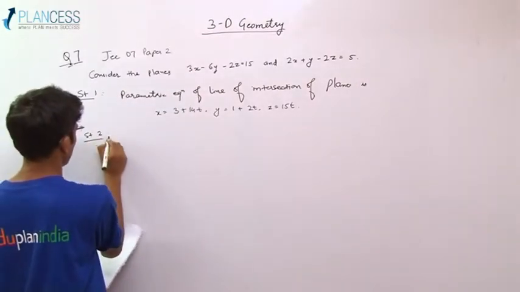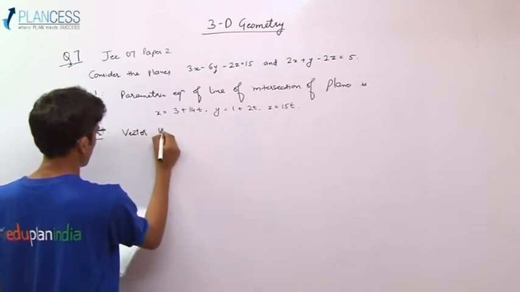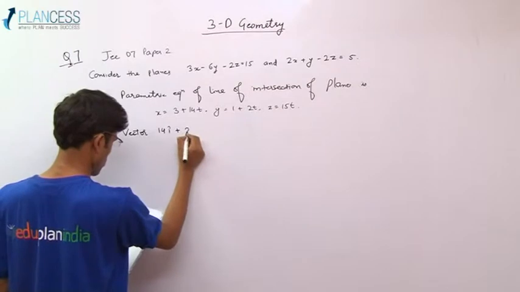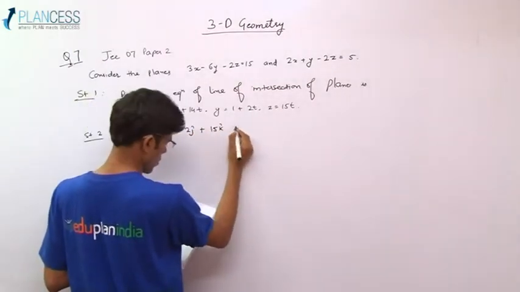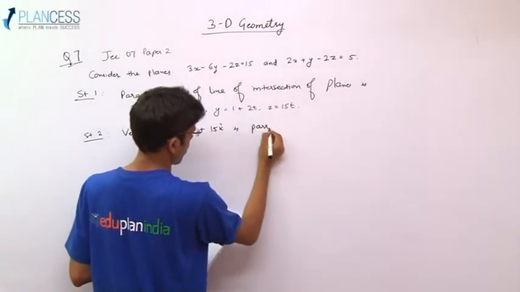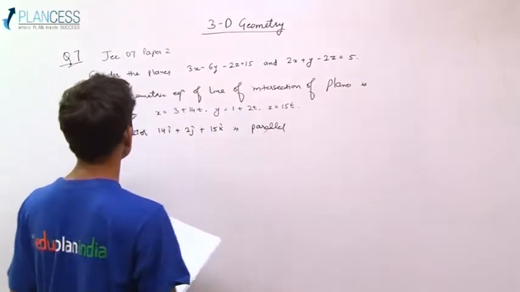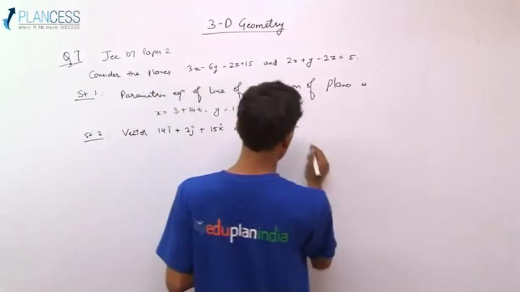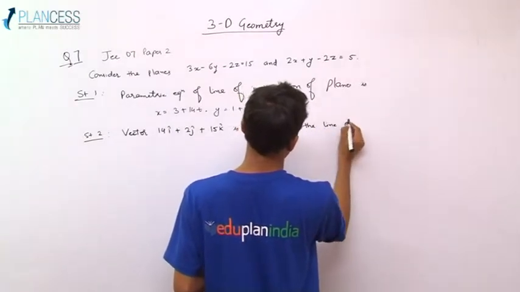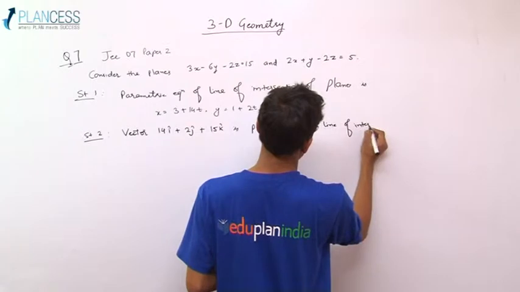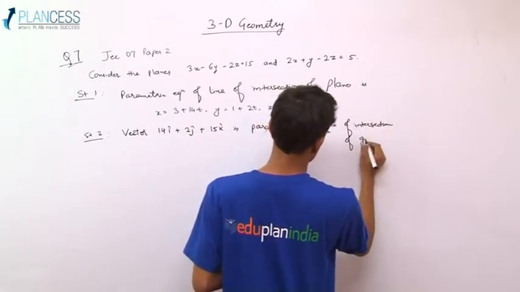Statement 2: the vector 14 i cap plus 2 j cap plus 15 k cap is parallel to the line of intersection of the given planes.